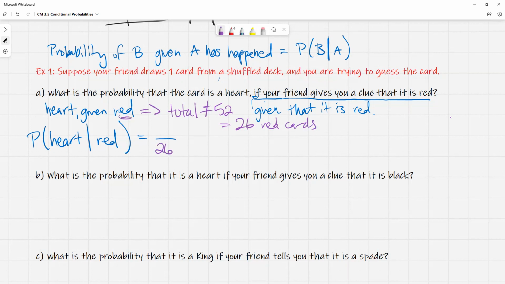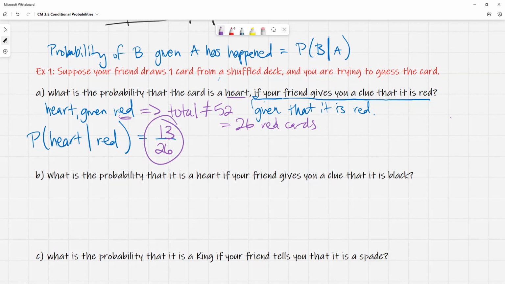And now out of those 26 cards, how many of them are a heart? I didn't get rid of any hearts because the heart is a red card, so we're good. There's still 13, right? So we still have 13 hearts. And so that's going to be our numerator because those are the options that we want. Those are our desired outcomes. And so this is our new probability, okay?